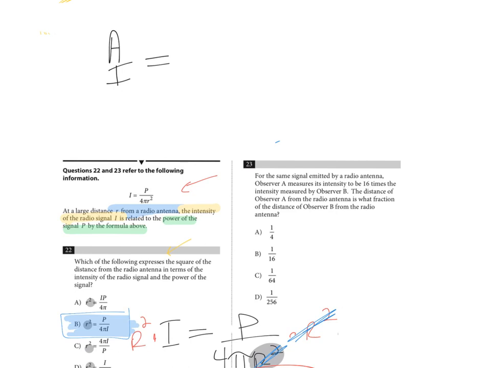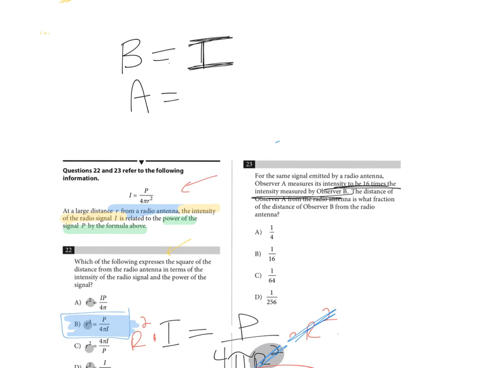So let's do this. If observer B's intensity is I, the intensity for observer A, it says 16 times the intensity of observer B. So if for B the intensity is I, for A the intensity is 16 times I. So now the question says, the distance of observer A to the radio antenna.